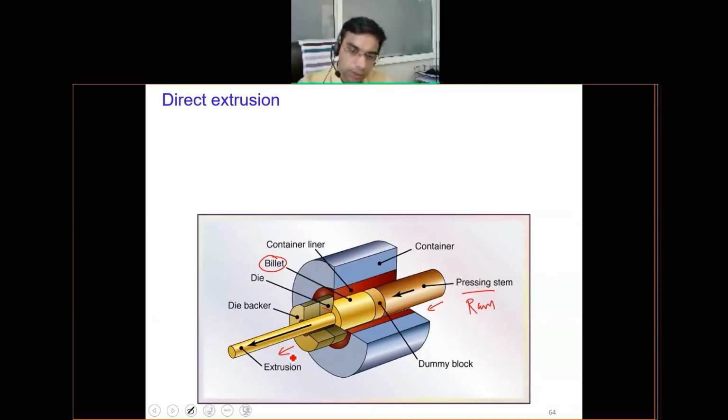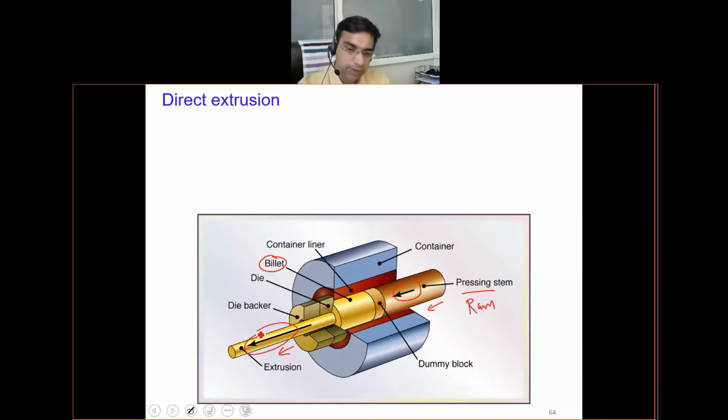Now the unique characteristic of this process is that the direction of movement of the ram, so this direction, and the direction of movement of the extruded product are the same.